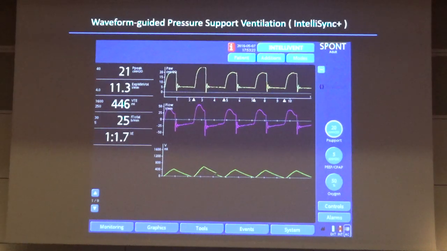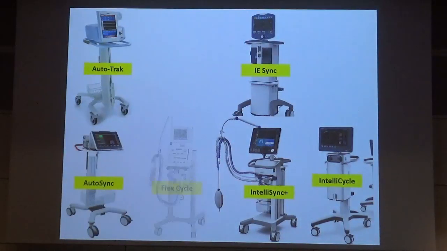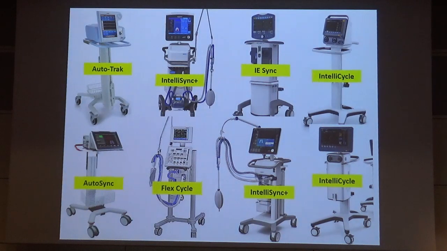Another important point is that with this automation, it seems that patient-ventilator interaction is relatively independent from the pressure support level. This is important because it may suggest that even very weak patients with very high pressure support requirements may be properly assisted in pressure support ventilation. Nowadays, there are several technical solutions available on different mechanical ventilators.